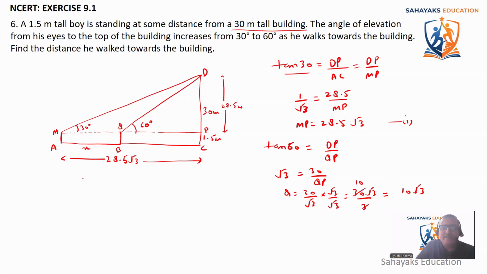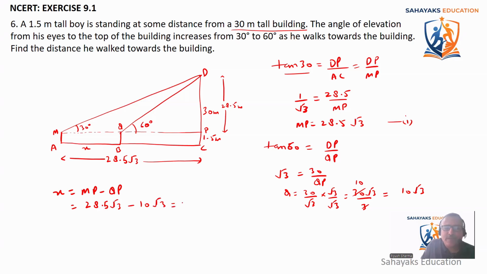Now we have to find X. So X is equal to MP minus QP. That is X. So MP is 28.5 root 3 minus QP, which is 10 root 3.